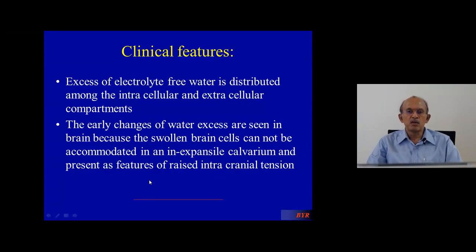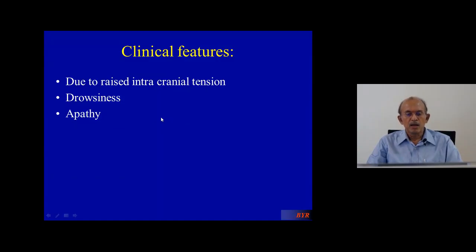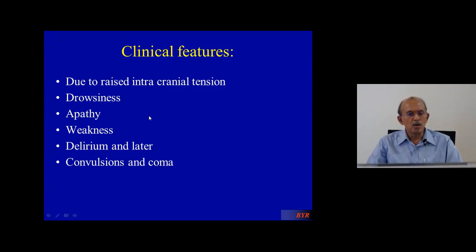So whenever there is water intoxication, the first clinical manifestation is raised intracranial tension. The features due to raised intracranial tension are drowsiness, apathy, weakness, delirium, and later convulsions and coma.